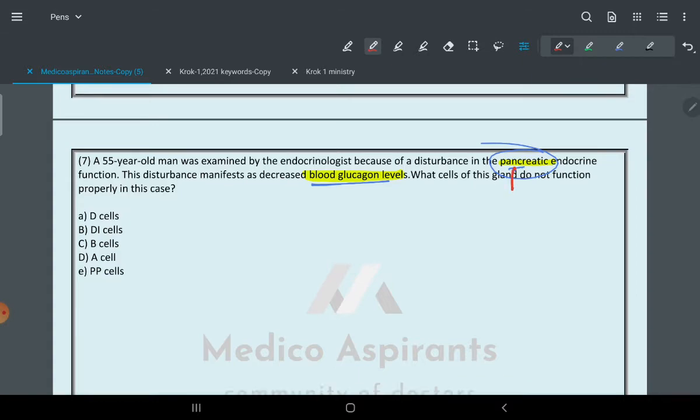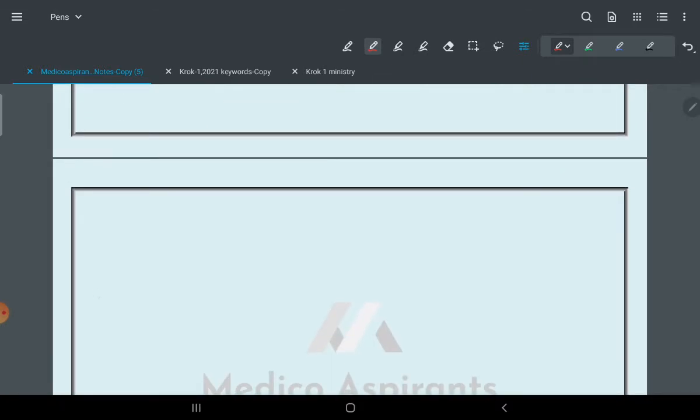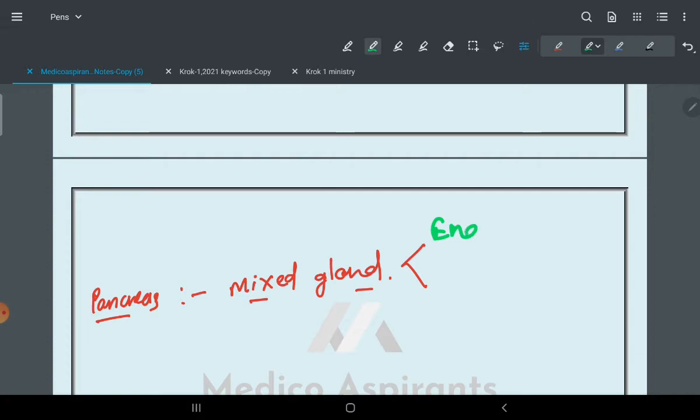Actually, if you go through the pancreas, it is a mixed gland. Mixed means it has two functions, endo and exo.